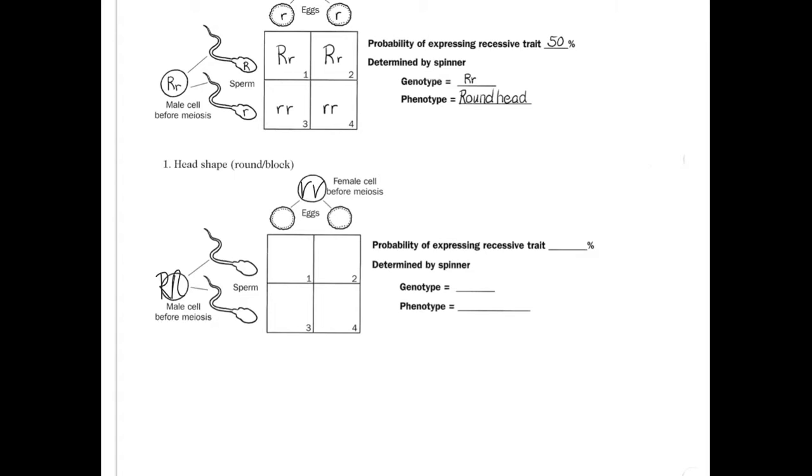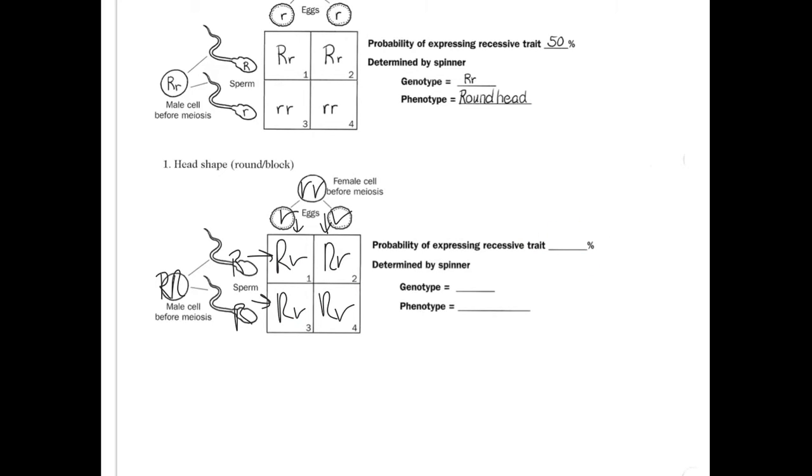And then I'm going to sort the sperm and sort the eggs through meiosis. And when I do, then I'm going to fill in the Punnett square by bringing the big R's across and little r's down. And it turns out that all 4 of the squares end up heterozygous.